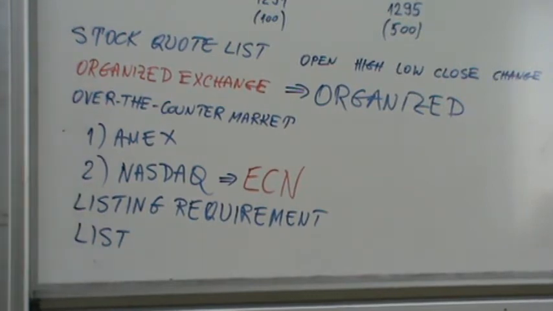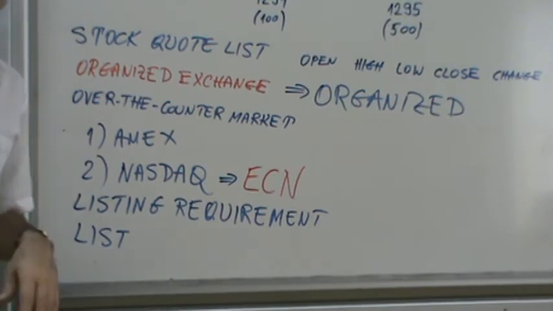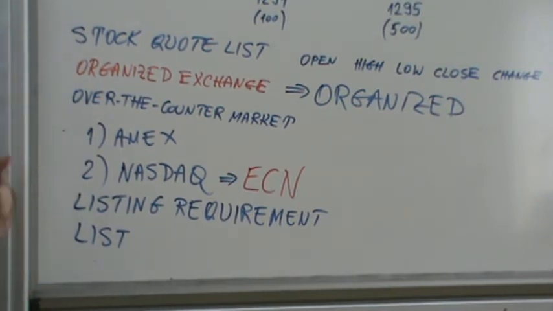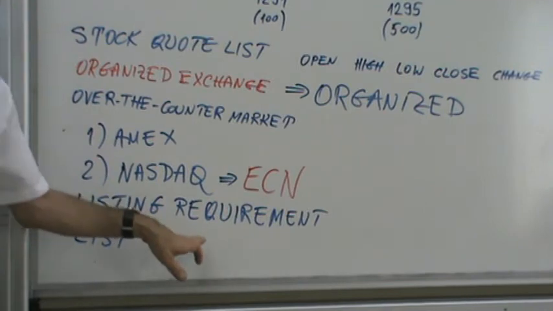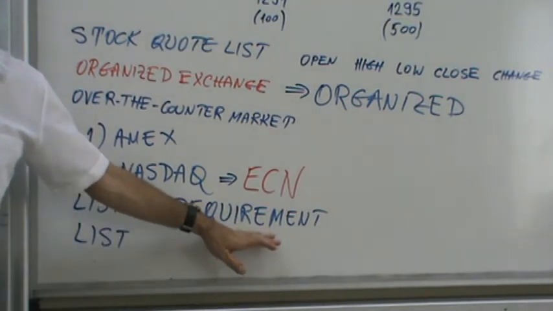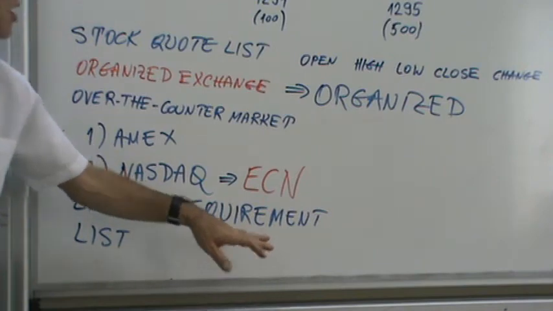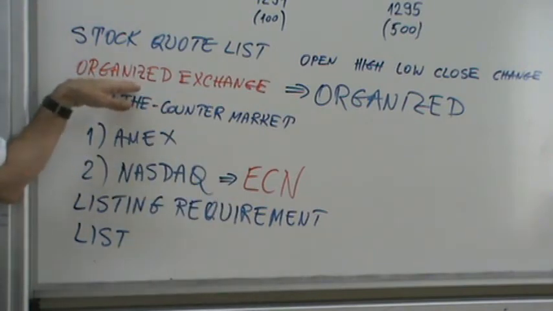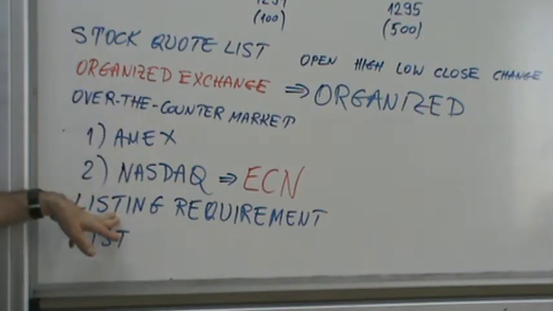It means that you can buy and you can sell it. It means that probably there will be a market maker for the stock. So listing requirement is a minimum requirement imposed by an organized exchange to list a stock.